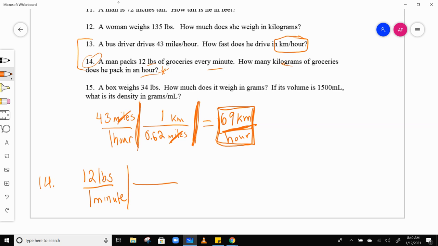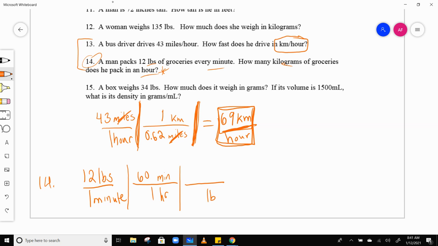I want to get rid of minutes, so I put them opposite of one another. So minutes, and I want hours down here instead. The relationship between minutes and hours is 60 minutes and 1 hour. So that will convert our minutes to hours. Next, we have to convert pounds to kilograms.